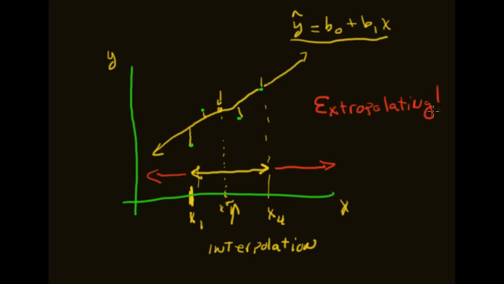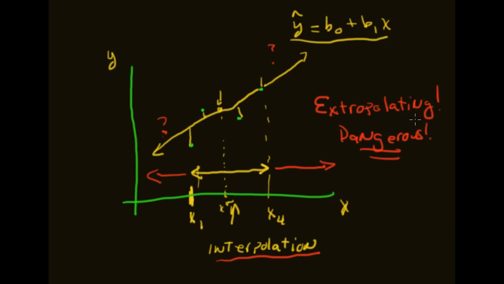I'm putting this in red because this is dangerous. You're running a risk here, because so long as I'm on the interval of interest, between the lowest point of data and the highest point of data, I'm pretty safe in my predictions. If I get out here, I have no idea whether or not this line is going to hold once I get out of where I've taken data from.